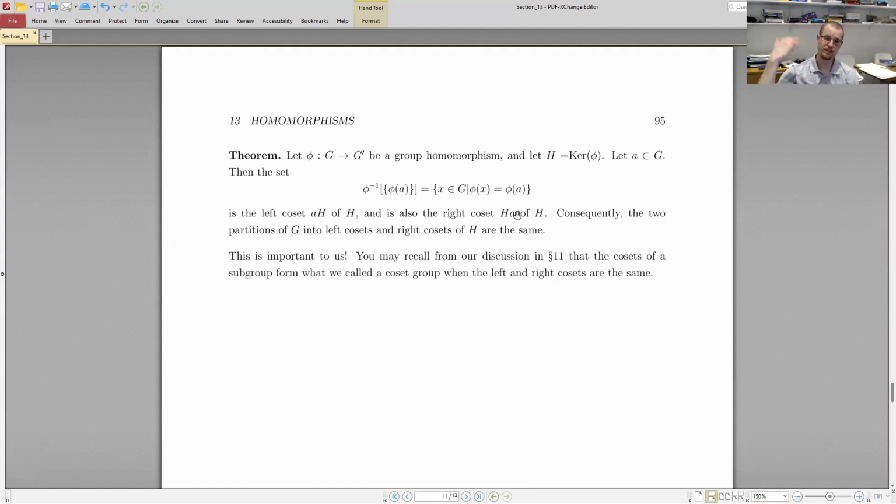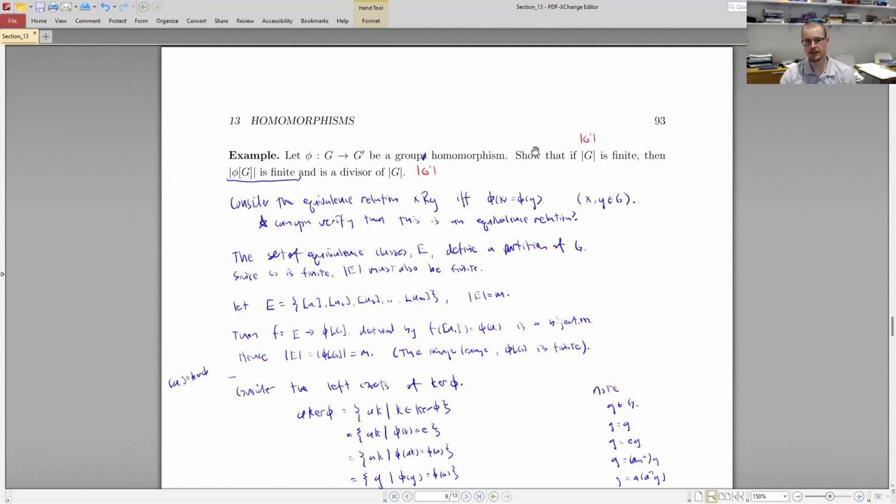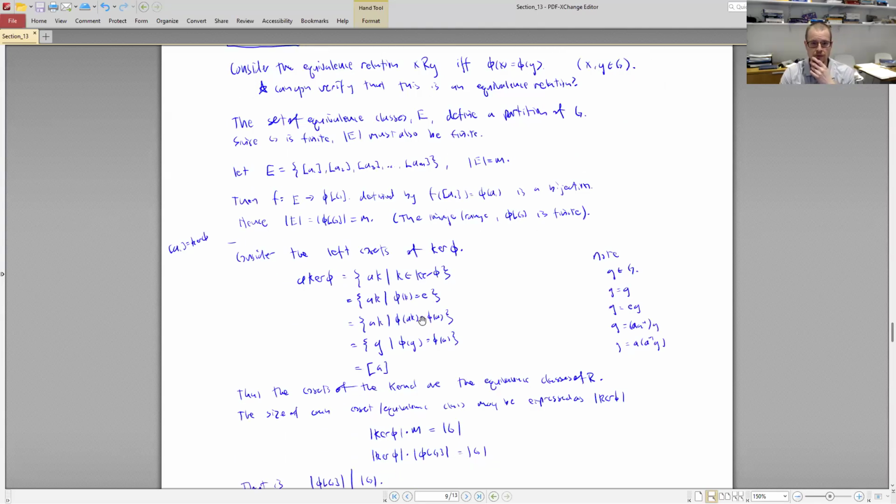So reflect on that and see if you can verify that it is the same. We went from here to here. That was the tricky part, if you want to call it that. And it just took this note that we can express every element in G as A times something, and we're just looking for the elements that work out to give us this.